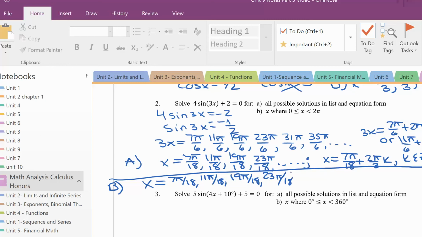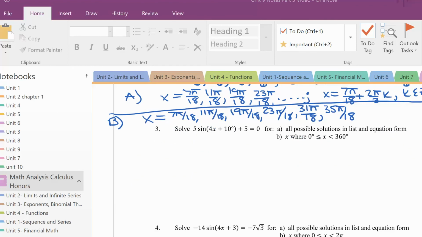Now, if we added another 2 pi over 3, or if we divided 31 pi over 6 by 3, 31 pi over 18 is still between 0 and 2 pi. Now 35 pi over 6 divided by 3 is 35 pi over 18. That is still less than 2 pi. So there's our complete list for part B.